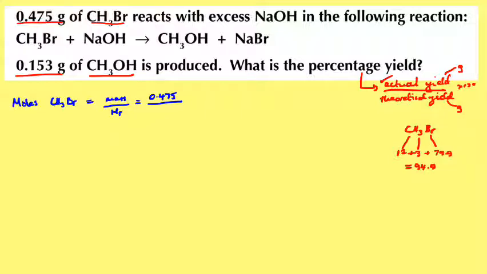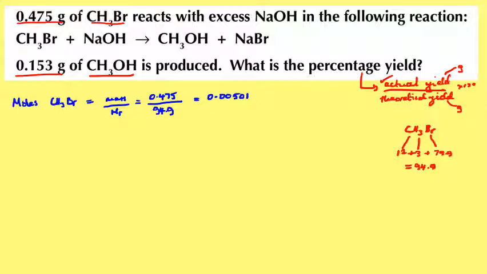So that's our MR. Switch back to blue, and we can put 94.9 in here, and that gives us the moles of bromomethane, which comes out at, to 3 significant figures, 0.00501 moles of bromomethane.